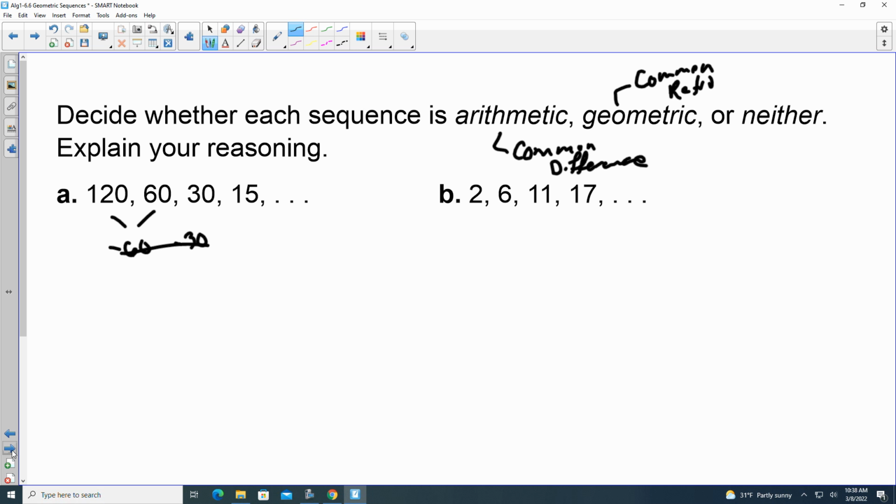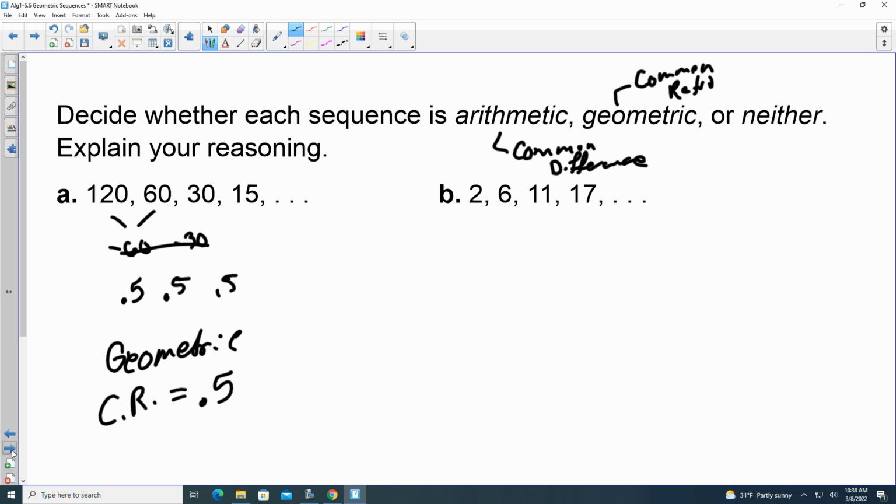Let's see if it has a common ratio. 60 divided by 120 is 0.5. 30 divided by 60 is 0.5. 15 divided by 30 is 0.5. So my sequence here is geometric, and my explanation would be that it has a common ratio of 0.5.